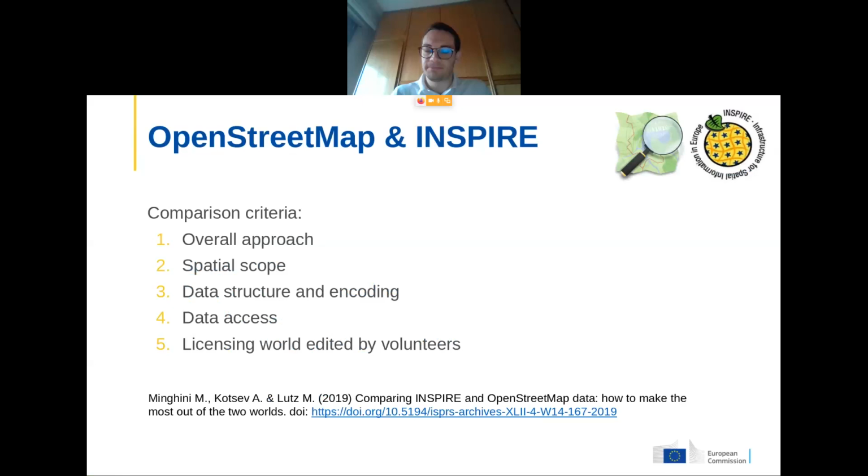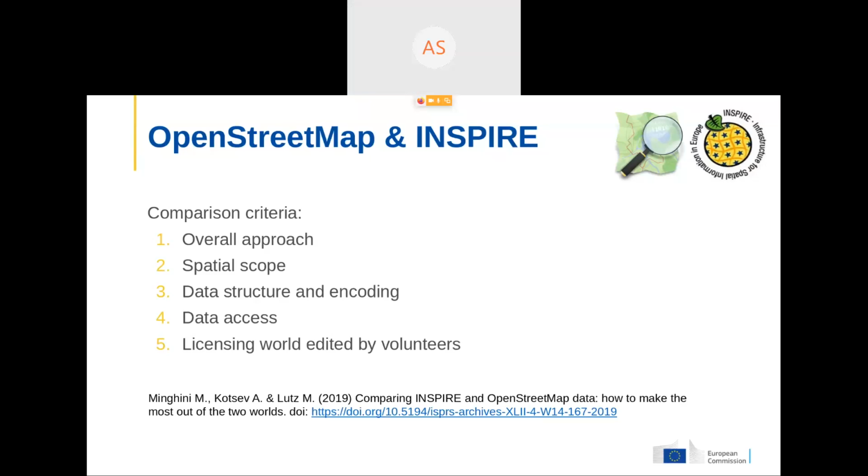So we followed a comparison using some criteria that you see on the screen, and that were also used in the paper you see down there from last year, about comparing Inspire and OpenStreetMap. There was also a presentation at the FOSS4G in Bucharest last year by Marco and Alex Kotsev with a slightly different perspective.